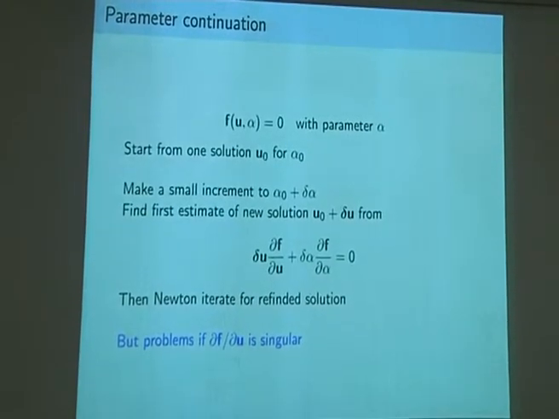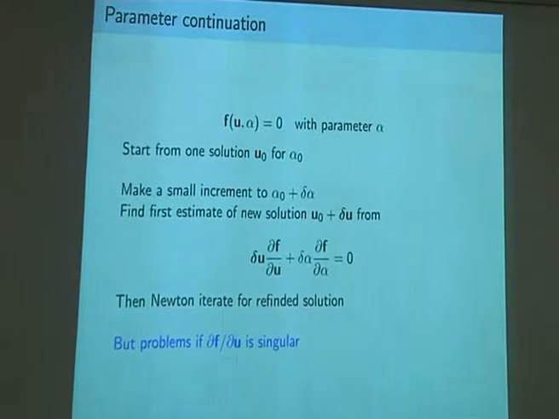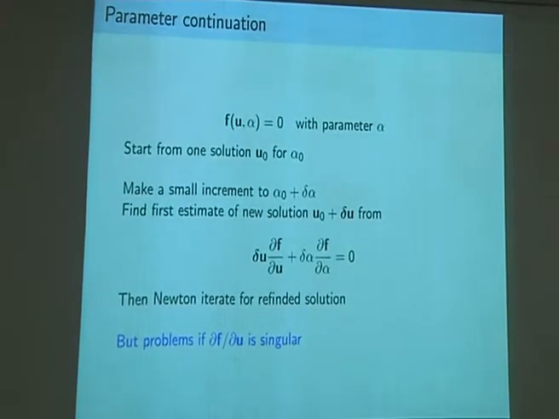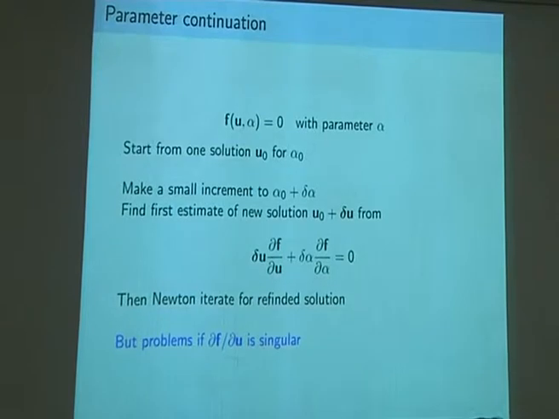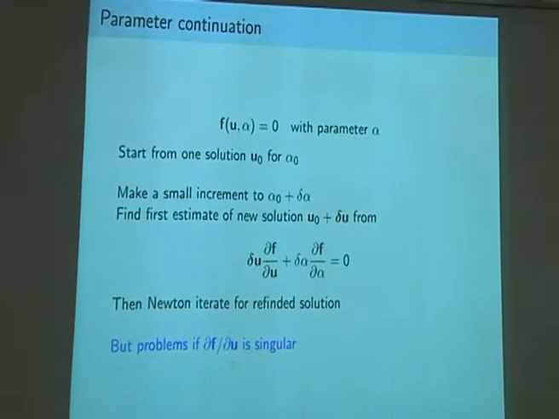And then I put this and say that not only does f have to be 0 for u naught, f has to be 0 for u naught plus delta, and linearize. And you see I get, how does the function f depend on the parameter alpha, and how does the function depend on u? And it's the same Jacobian matrix gets involved.